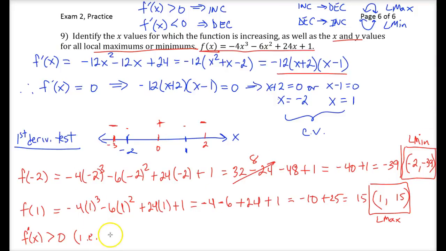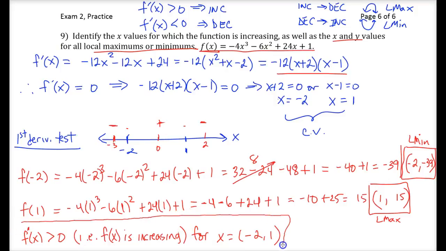That didn't turn out too good, so let's try that again. f of x is increasing, and then of course the x values would be from -2 to 1. So this would be the answer to our third question.